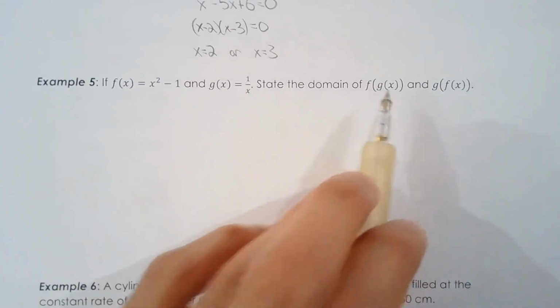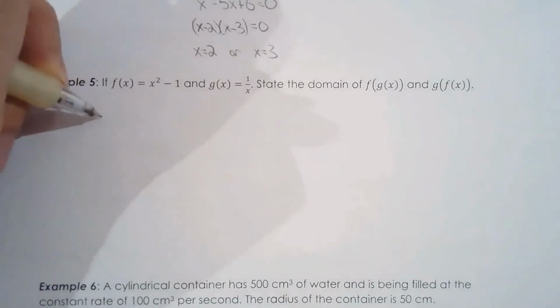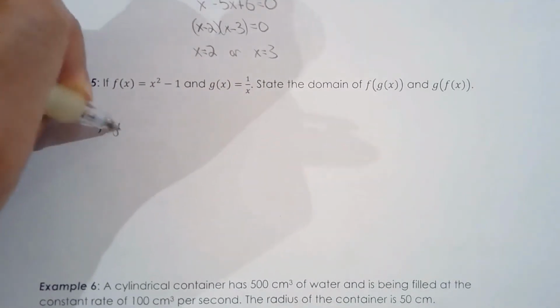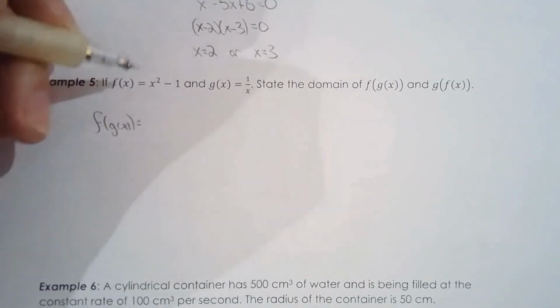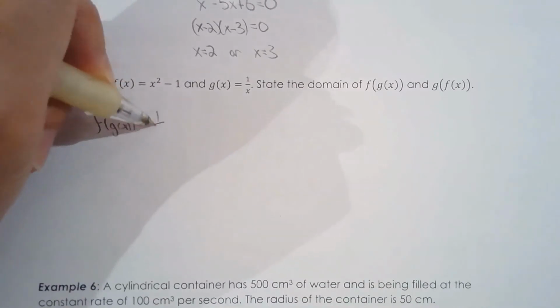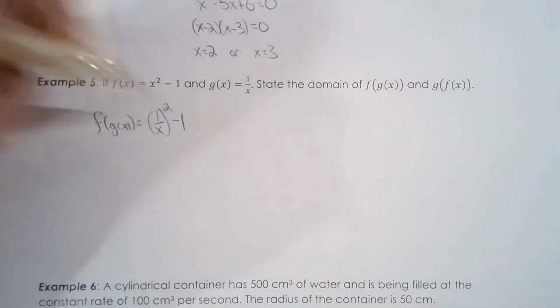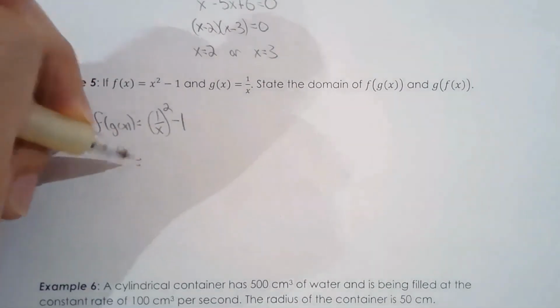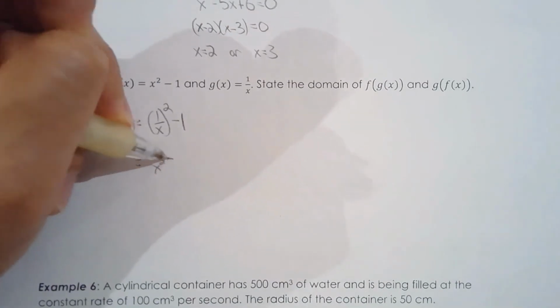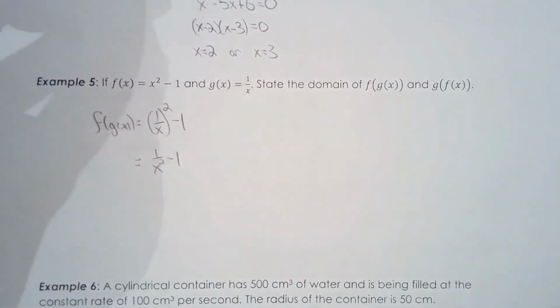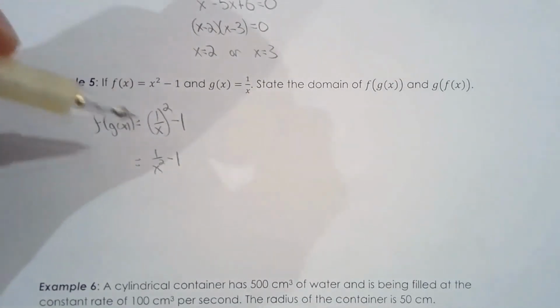Let's do f of g of x first. So f of g, so it's 1 over x all squared minus 1. So it's 1 over x squared minus 1. And we can simplify this, but since we're only asked for the domain, I'll just focus on that.